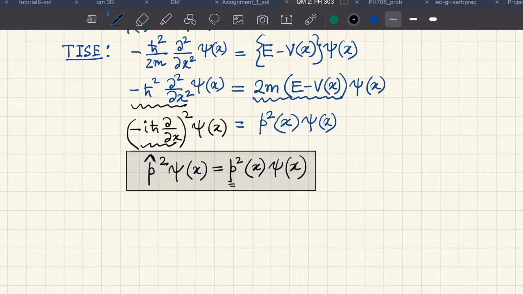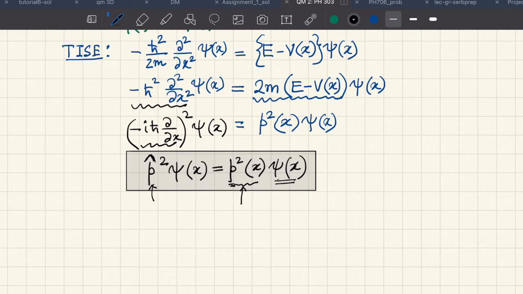The action of the momentum operator on the wave function is not really proportional to the wave function on the right hand side. Rather, it is the wave function multiplied by the classical position dependent momentum squared, which of course is a function, it's not a number.